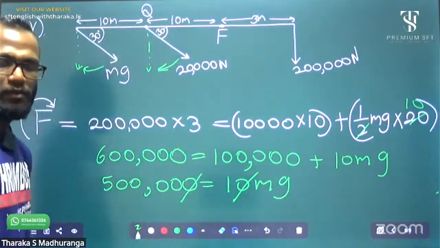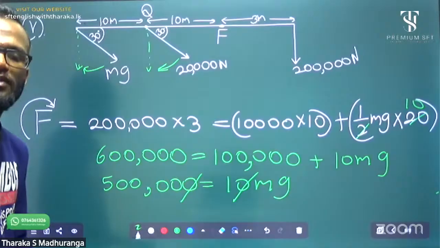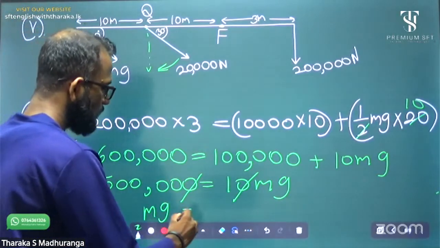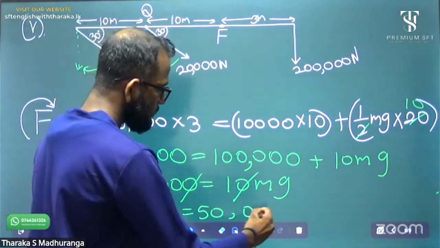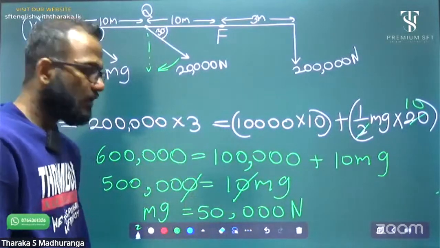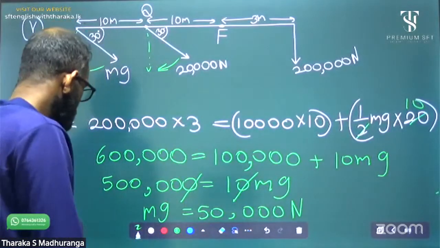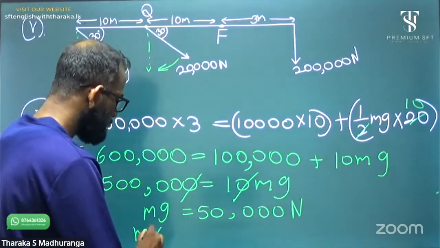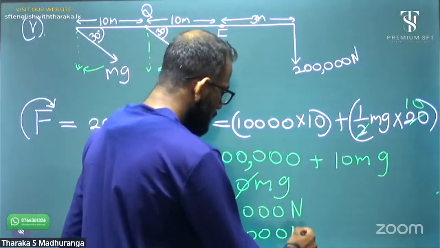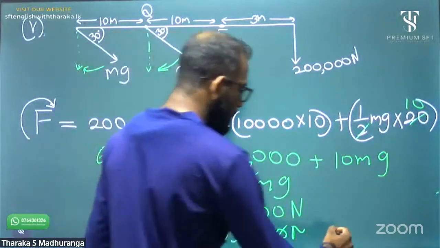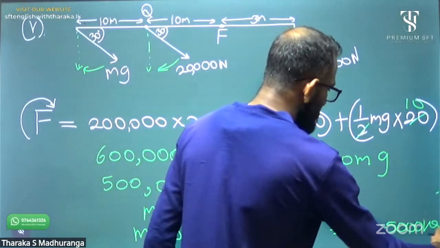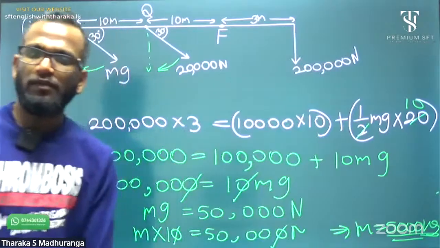Zero to zero cancel out. 50,000 equals mg. mg equals 50,000 Newton, because mg means weight. Then g equals 10, so M times 10 equals 50,000 Newton. Zero to zero cancel out, then M equals 5000 kilogram.